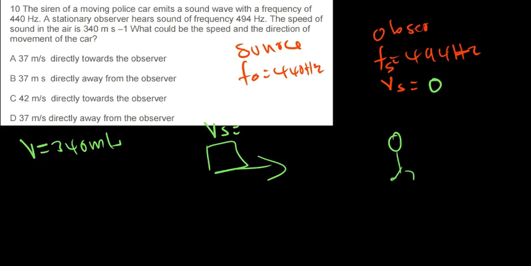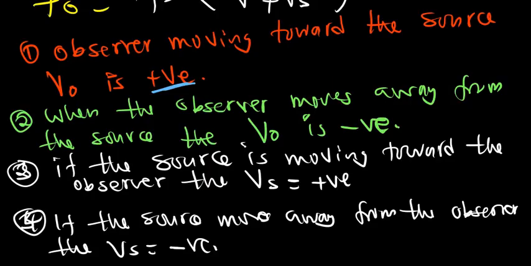Are you sure? The source is going to be negative. Go back to your notes, the ones I gave you. That's what I said. In this case, the source is the one which is moving, right?